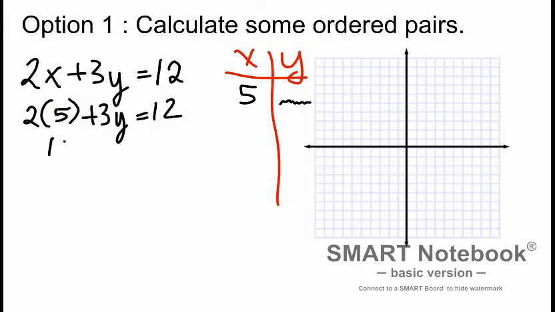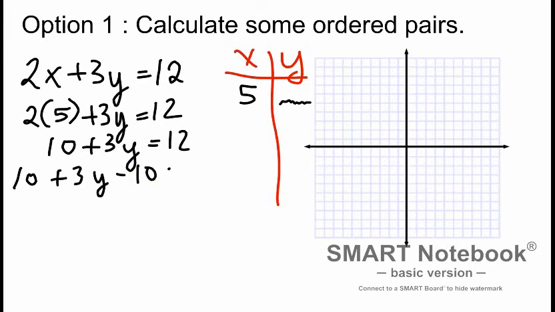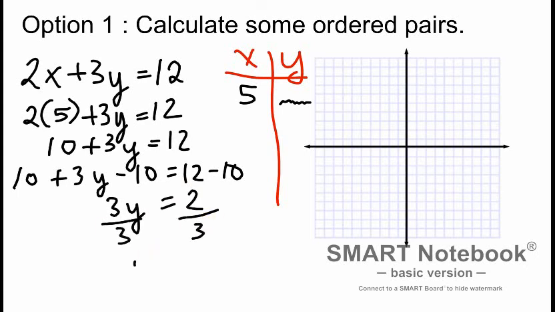Well, 2 times 5 is 10, plus 3y equals 12. Now, thinking about my equation solving skills, I'm going to subtract 10 from each side. And now I have 3y equals 2. And then I divide both sides by 3. And I get y equals 2/3.